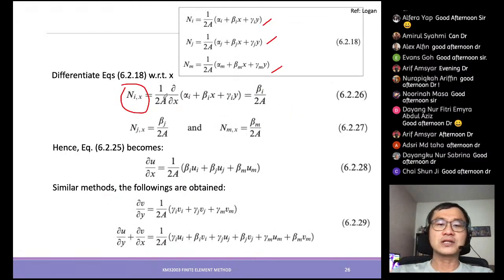So let's take these examples. For N_i, if we differentiate with respect to x, we have to identify whether there is x in this or not.